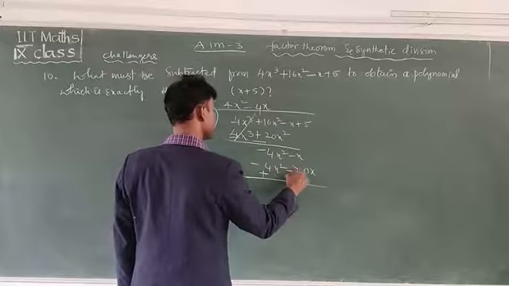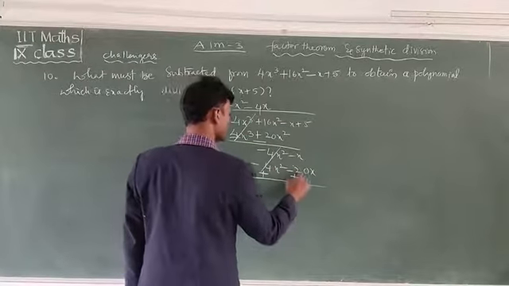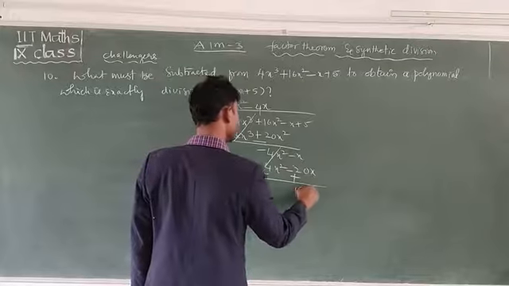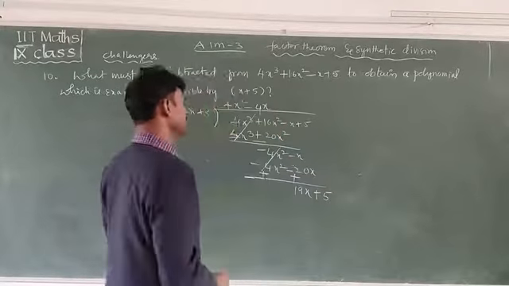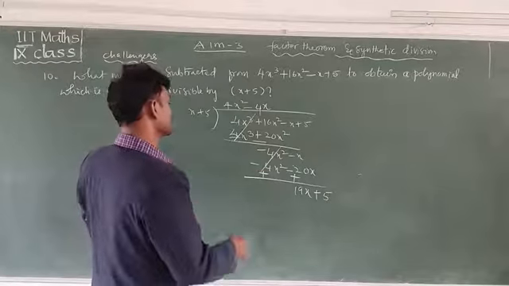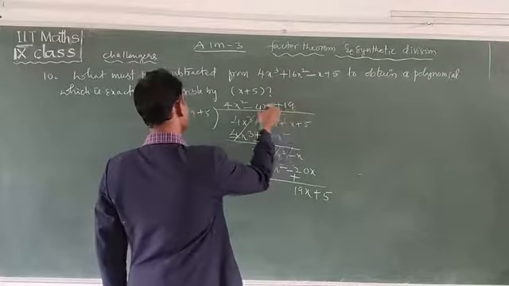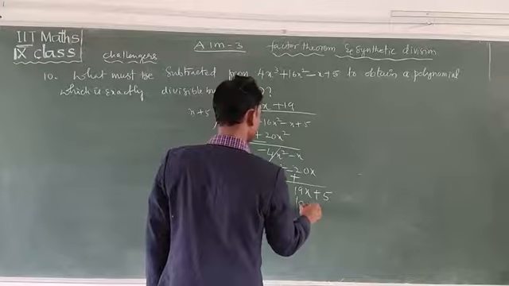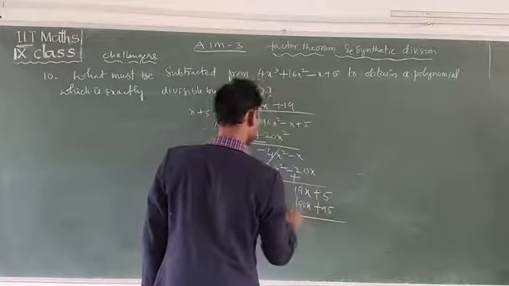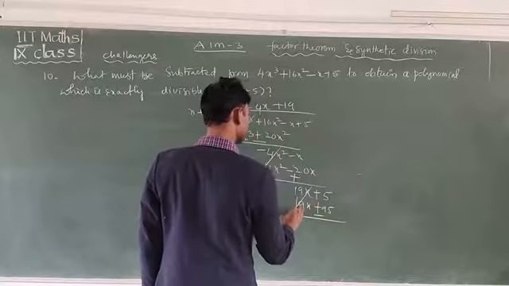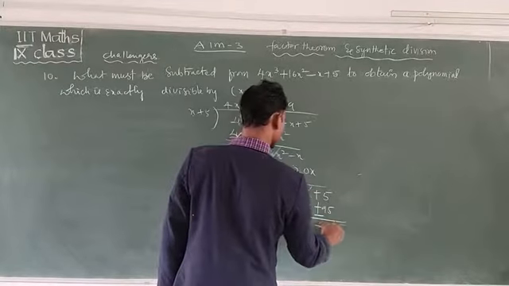Here plus, this cancels. Now minus 20x minus x is minus 19x, plus this 5. Now you multiply it by minus 19. Minus 19 ones are minus 19x and minus 19 fives are minus 95. Then here minus, this is minus, this one cancels. Here the remainder is minus 90.